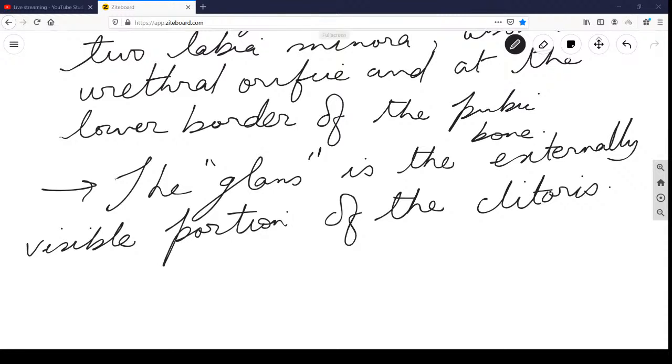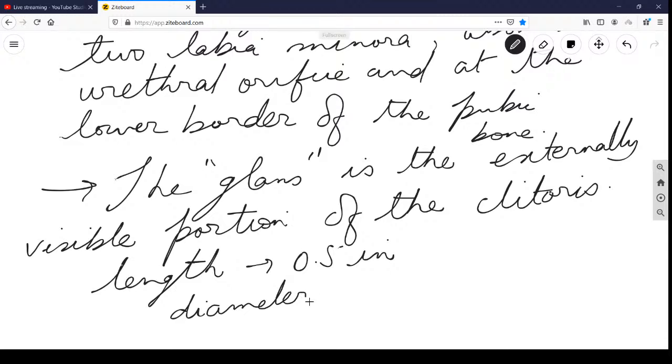Its average length is about 0.5 inches and it is about 0.5 centimeter in diameter. However, there is considerable variation among individuals with respect to clitoral size.